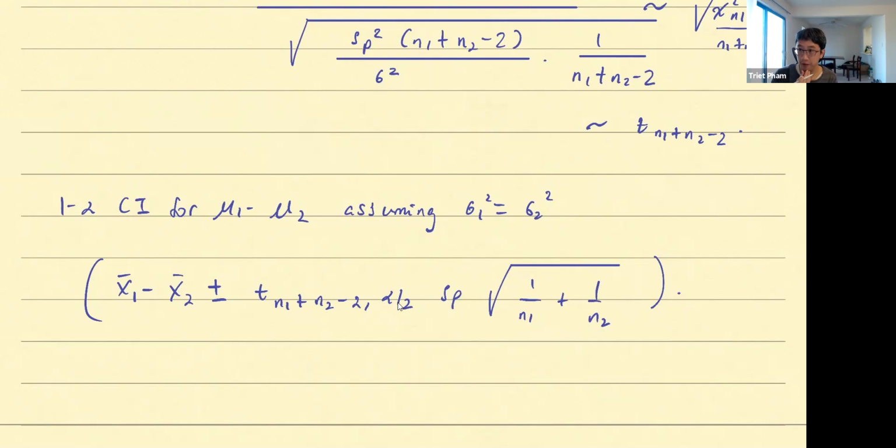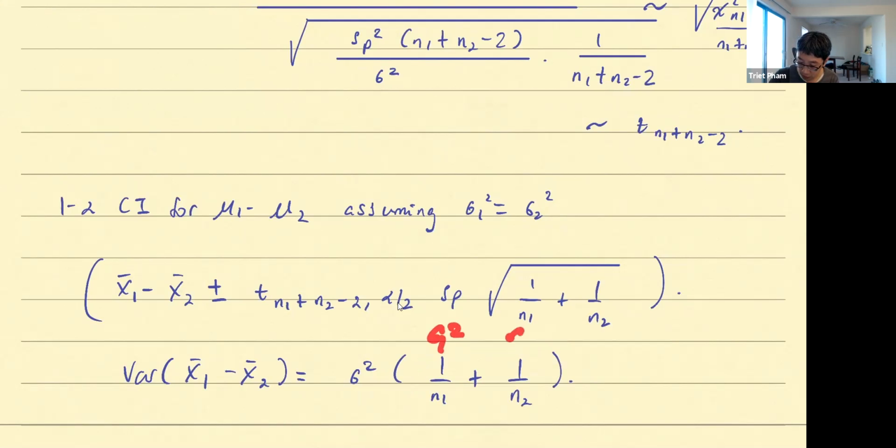Exactly. It comes from the variance of x bar. That's it, it comes from the variance of this guy. So you see the entire construction of the confidence interval is just about the variance in some way. It's really sigma 1 square over n1 plus sigma 2 square over n2, but because they are the same, you factor out.